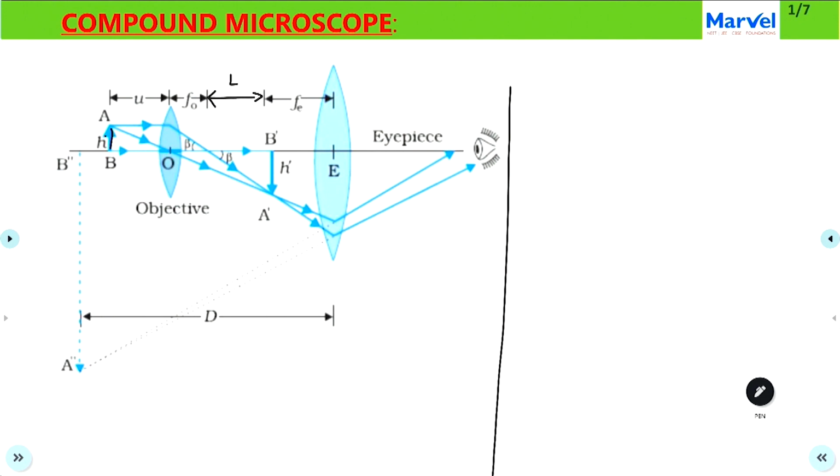So now to begin with, I am going to calculate the magnification produced by the compound microscope.